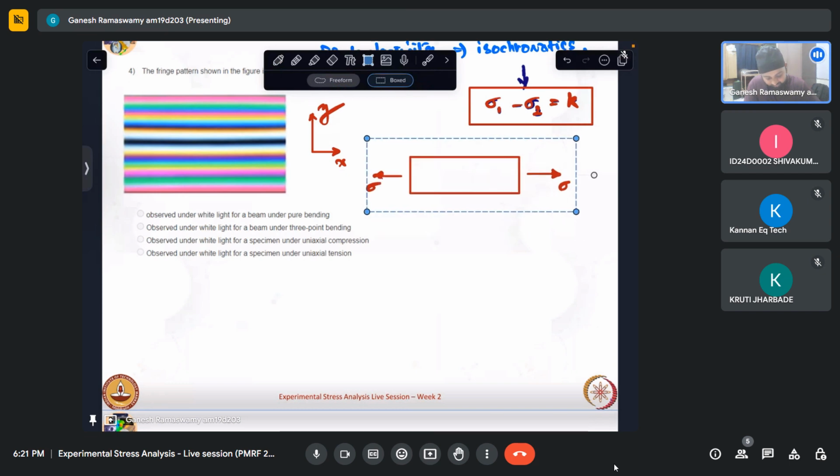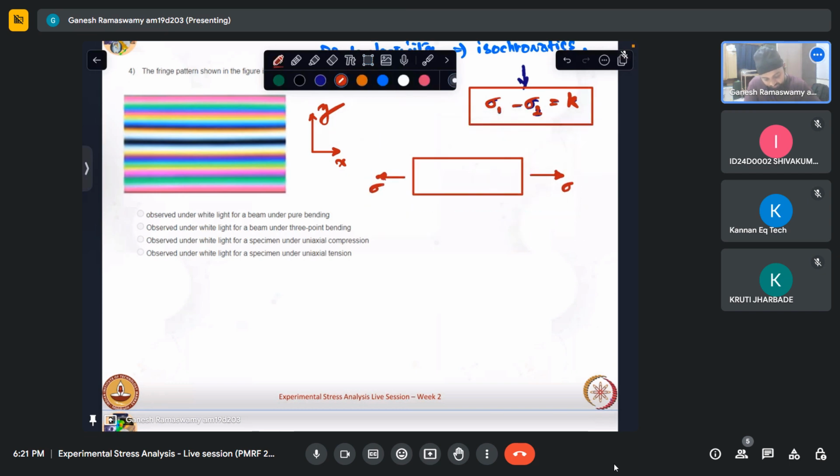Now for this case, let me take a material point over here and let me zoom it. Now I know that I am talking only about the in-plane response, that is, the x and y plane only. We are not talking presently about the out-of-plane response.